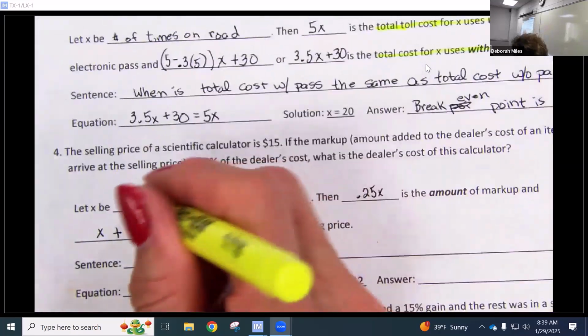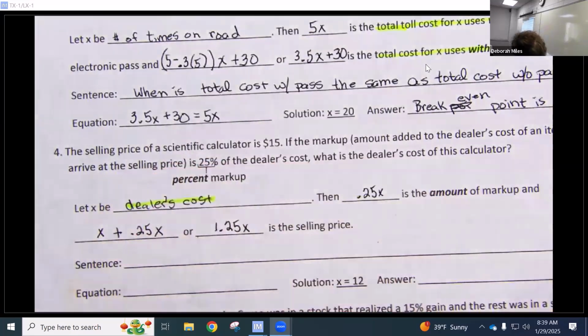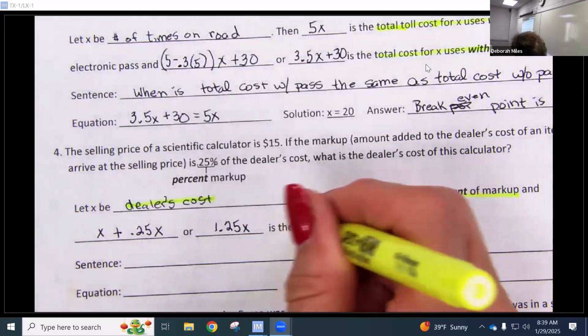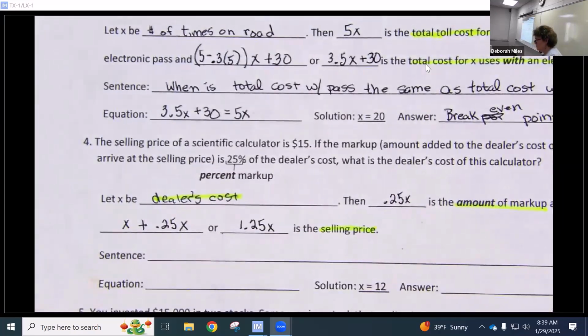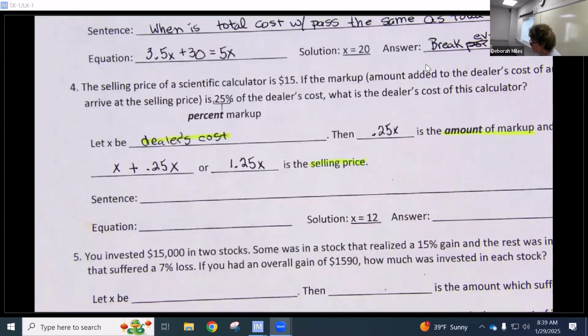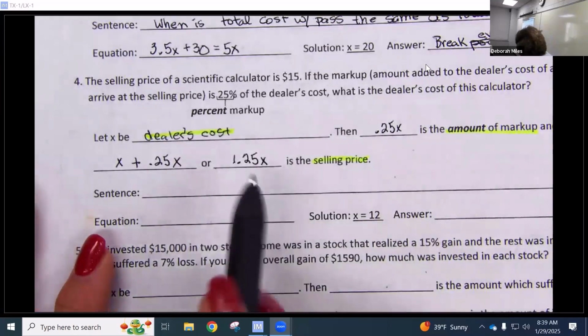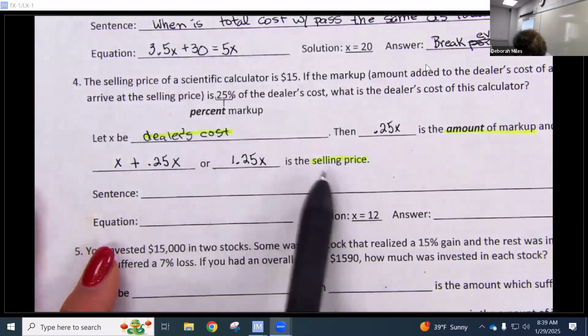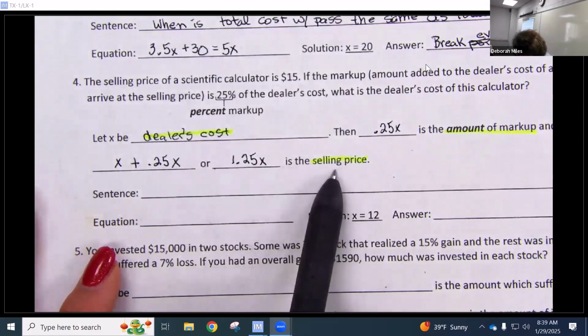So using the words dealer's cost, amount of markup, and selling price, give me a sentence that uses those words. How is selling price calculated? But I just want words instead of numbers and letters.